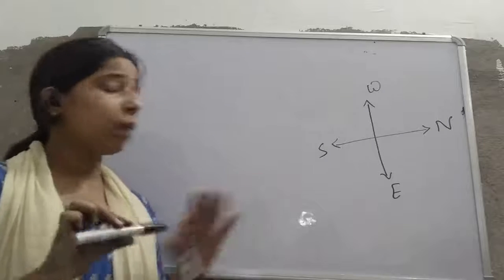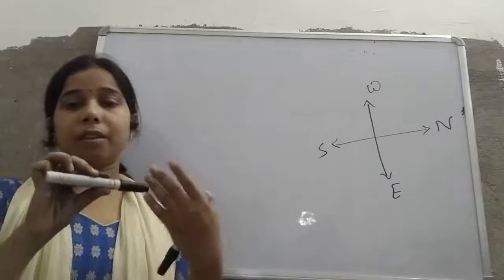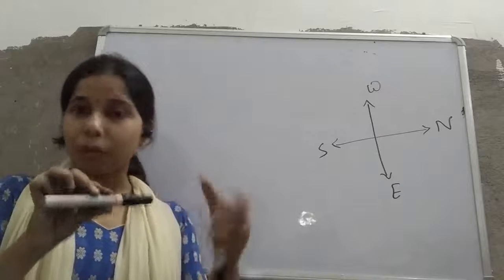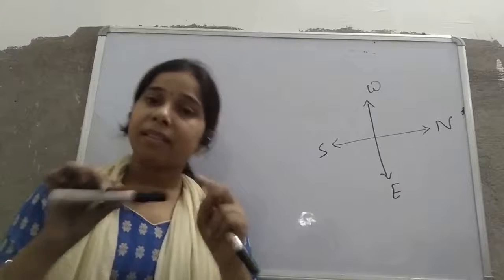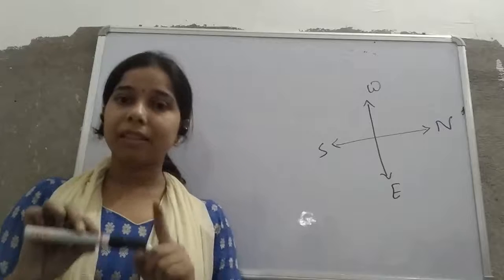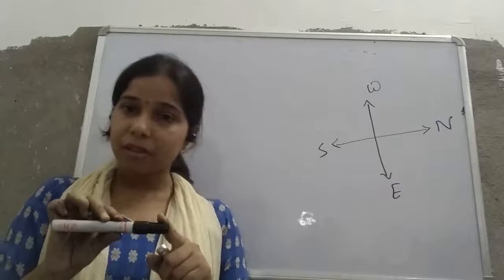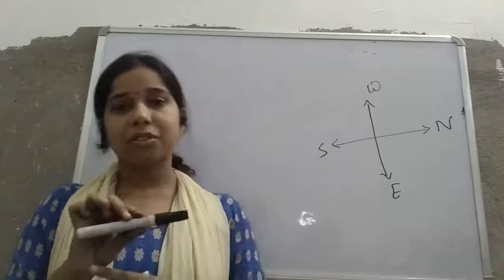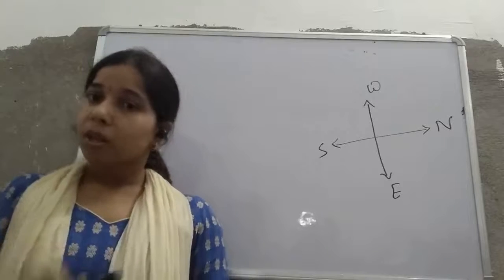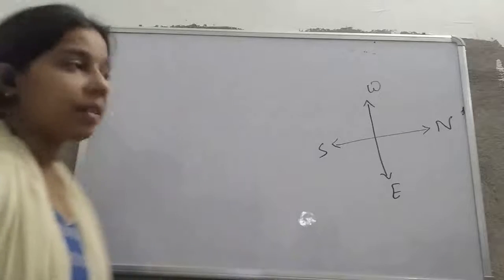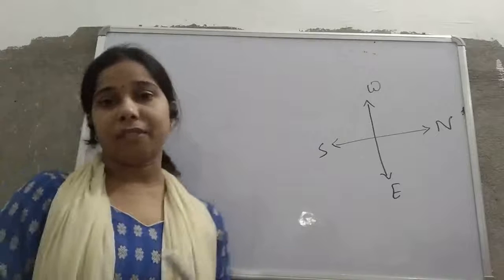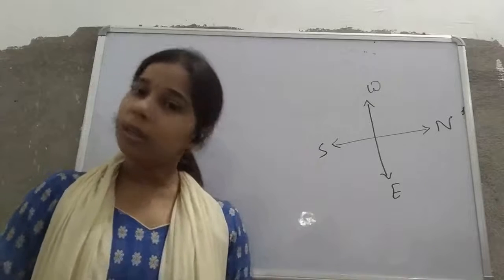Right? So what comes out from it? That is, this magnet helps in giving the direction, north direction, south direction. So it will help in giving the direction by aligning itself in the north and the south direction.